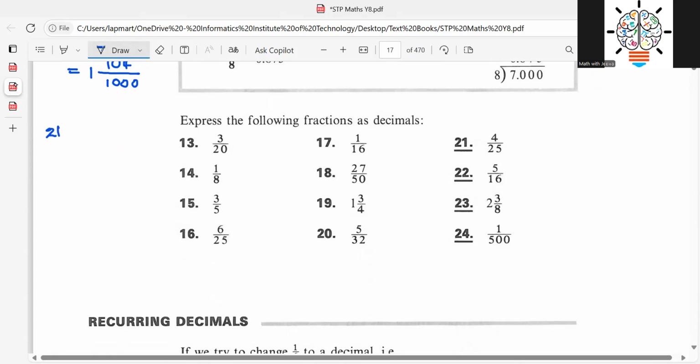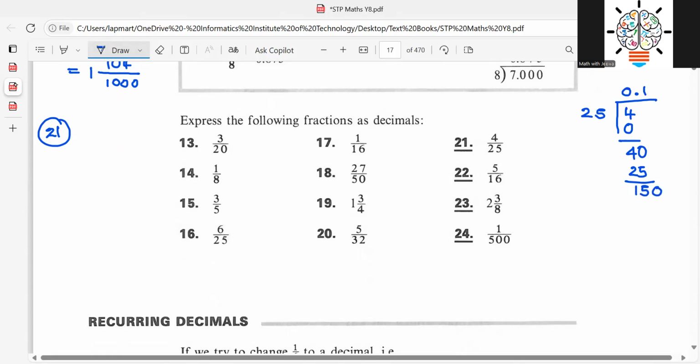So if I write question number 21, you want to divide 4 by 25 now. So then how do you do this? This is 0, 0. So then for 1, what do we have? So then for 40, you have 25. Okay. So then from 40, when you deduct 25, it gives me 15.